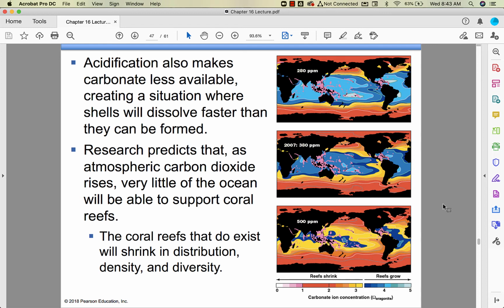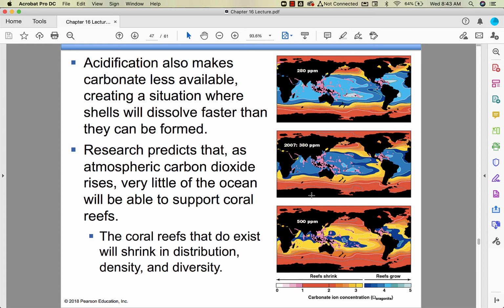You can look at this picture right now. These are carbon dioxide concentrations in the atmosphere. If carbon dioxide concentrations are 280 parts per million, you see a lot of areas where reefs are growing, a lot of these cooler colors. In 2007, we were at 380 parts per million.